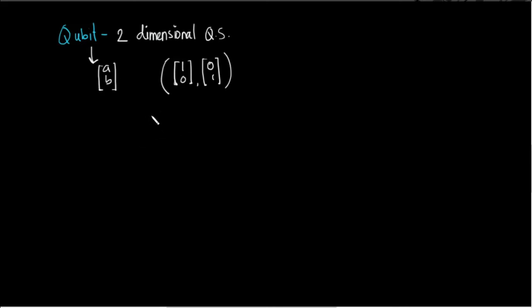We denote this vector as the zero vector, and we name this vector as the one vector.